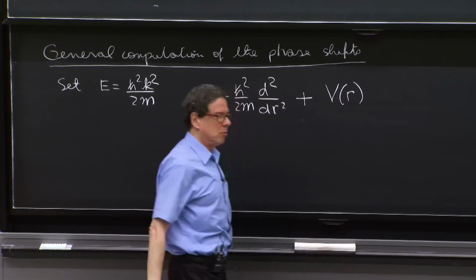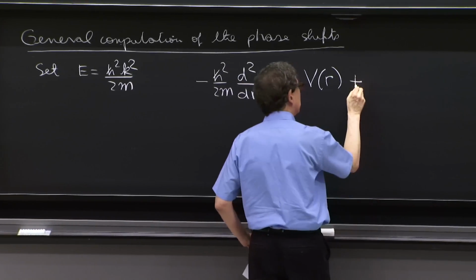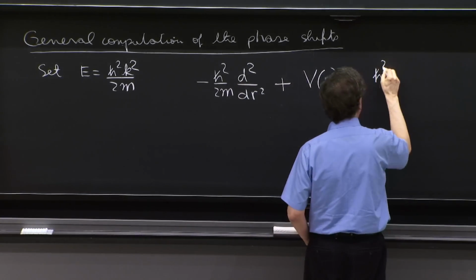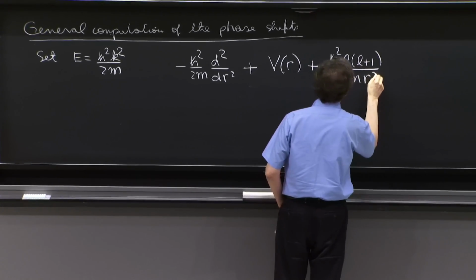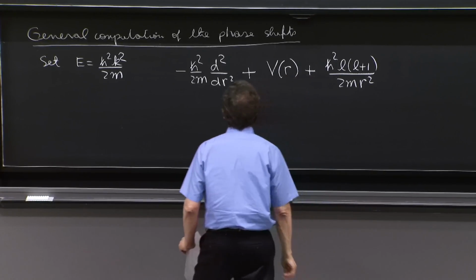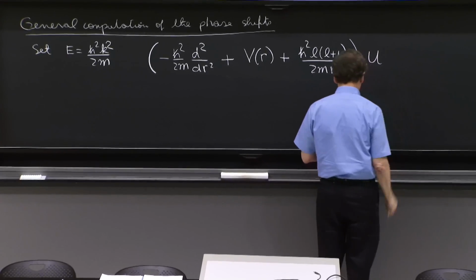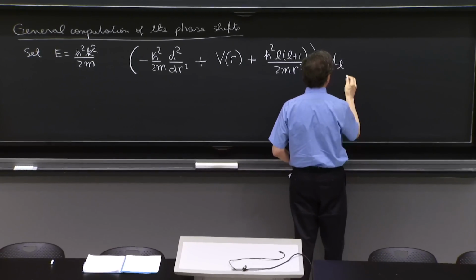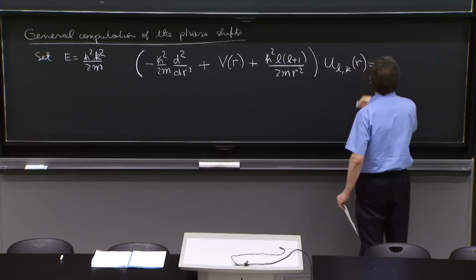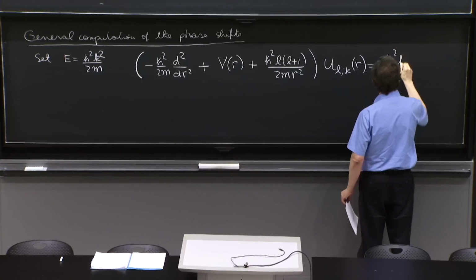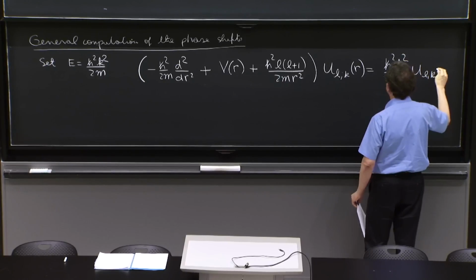Finally, the potential shows up. You have to solve that. Plus the centrifugal barrier, h bar squared l times l plus 1 over 2m r squared, all that acting on a solution u_l, I'll put the k as well, of r, equal to the energy, which is h bar squared k squared over 2m u_lk of r.